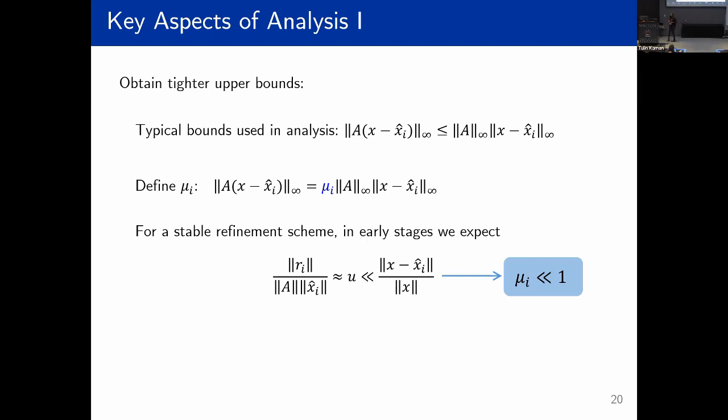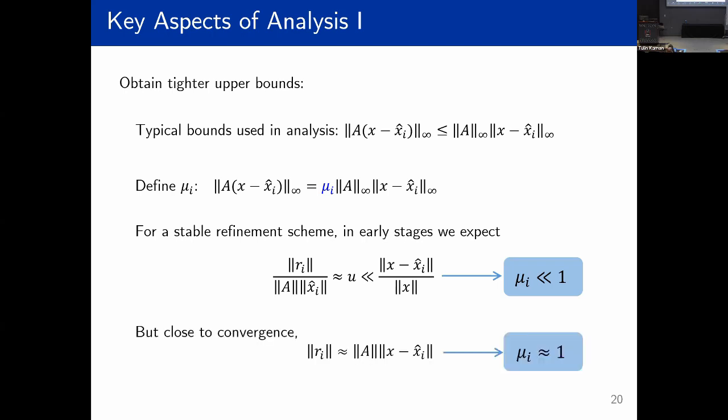I expect my backward error to already be small, but my forward error to still be pretty large. What that translates to is that I expect this mu to be very small at the beginning, close to its lower bound of 1 over the condition number. This mu will only get close to 1, meaning this only gets close to equality, once I've almost converged.